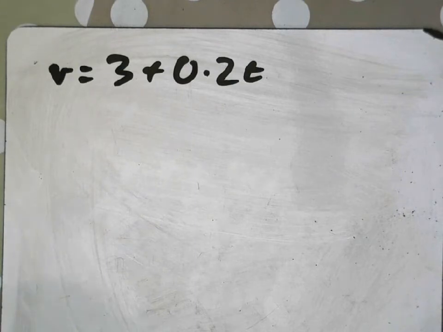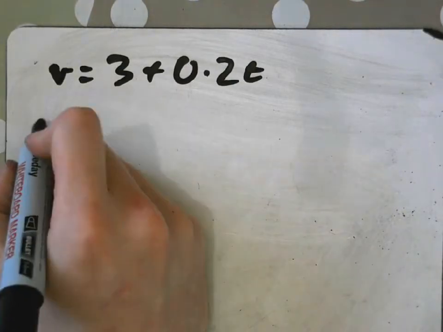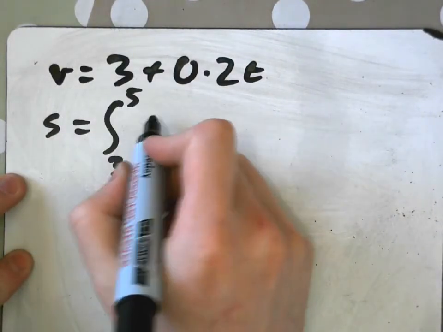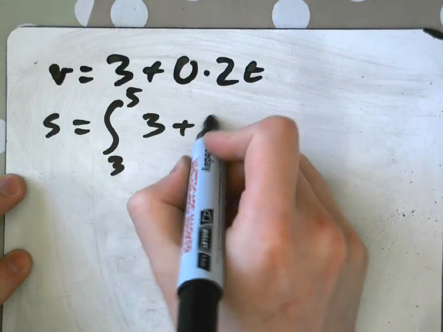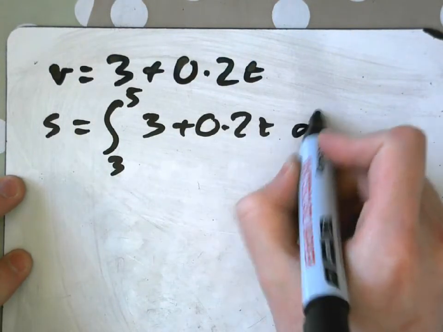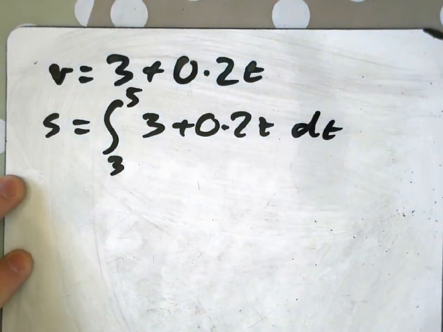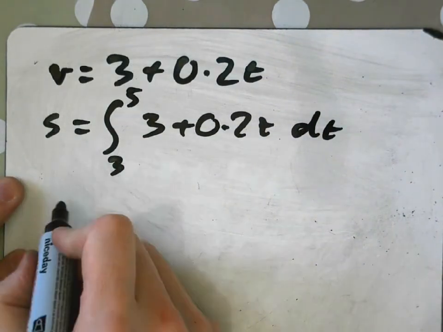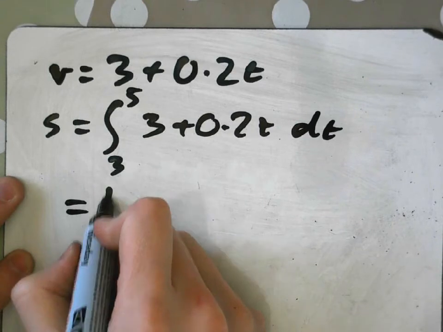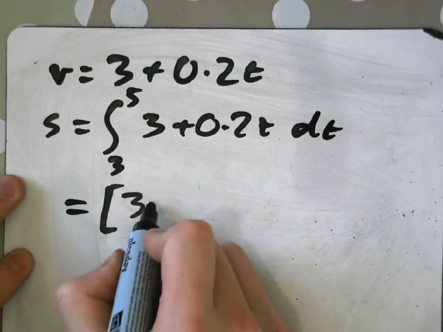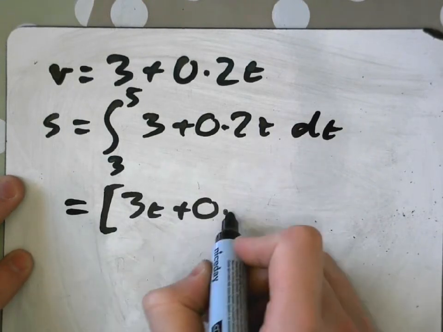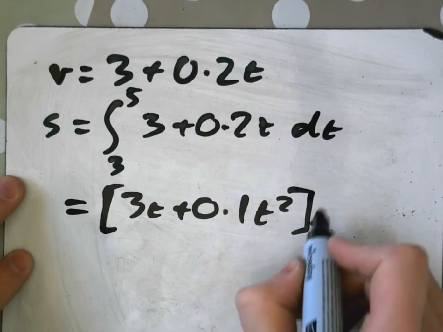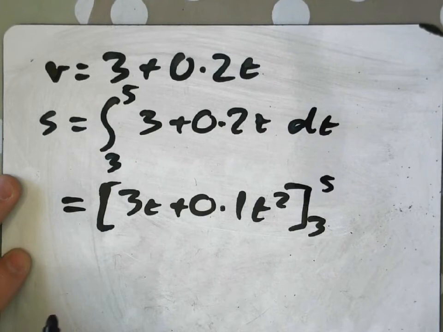So this means that we don't have to worry about that plus c, because what we're going to have are limits. So the displacement is the integral between 3 and 5 of 3 plus 0.2t with respect to t. What that gives us is 3t plus 0.1t squared between 3 and 5.